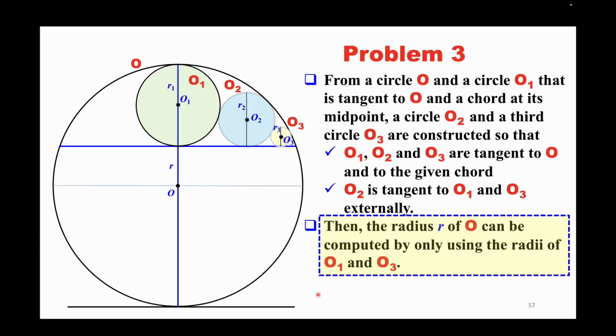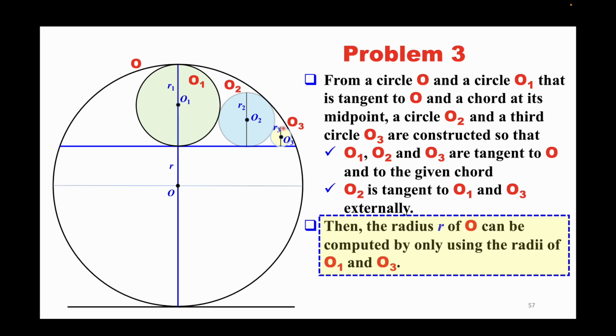In problem 3, we are given a circle O with radius R, and a circle O1 tangent to the north pole of O and the midpoint of the given chord, and a circle O2 that is tangent to O, the common chord, and O1.